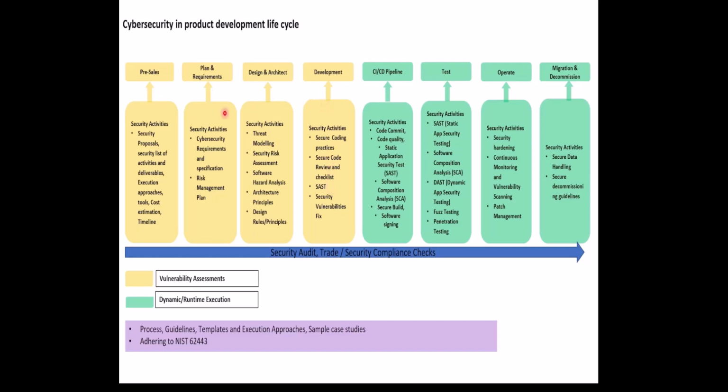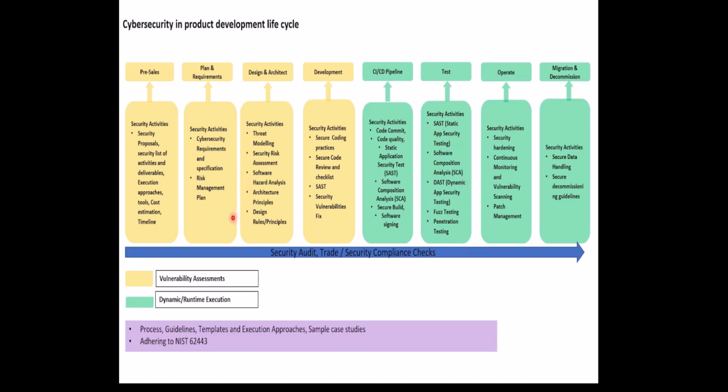The light yellow colored boxes show the vulnerability assessment activities which we want to follow in the logical phase when we do the software development. Then the light green colored activities we want to do in the runtime stage or dynamic stage of the product development lifecycle.